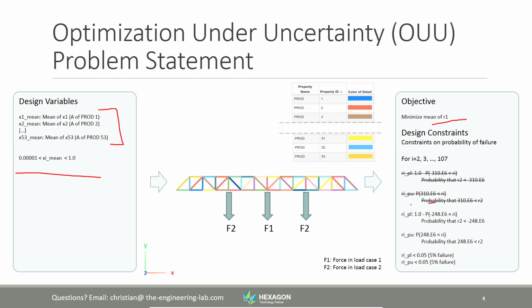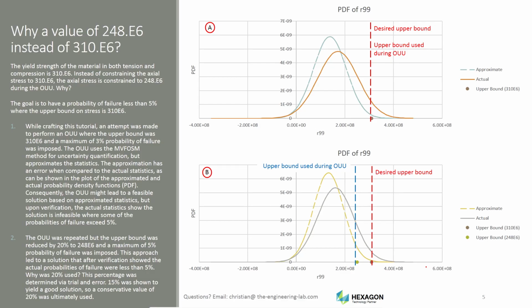So here you can see that the bounds we're using are actually negative 248 and positive 248. And here's an example of that. Here in the dotted line, or here in this first case, is where we constrain the responses to 310 and negative 310, which would be somewhere around here.